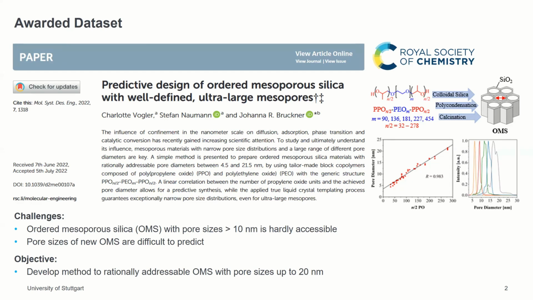With this, you can maybe make pore sizes up to 7 nanometers. The second challenge is that if you want to make new ordered mesoporous silica materials, it's quite difficult to predict what you have to do to get a certain pore size. So it's a lot based on trial and error.